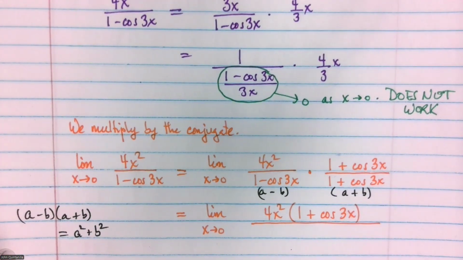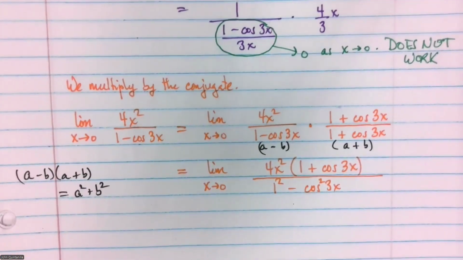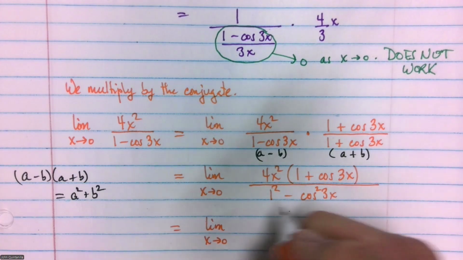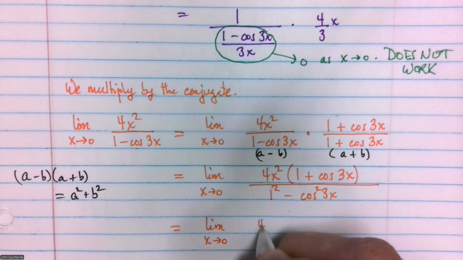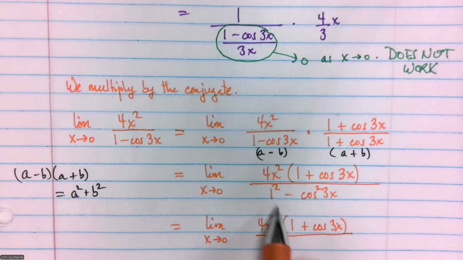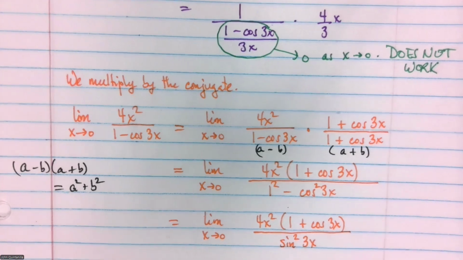If I use that, the bottom is going to be 1 squared minus the cosine of 3x quantity squared. So I get the limit as x approaches 0 of 4x squared times 1 plus the cosine of 3x divided by, now 1 minus cosine squared of something is sine squared of the same something. That's one of our trig identities.